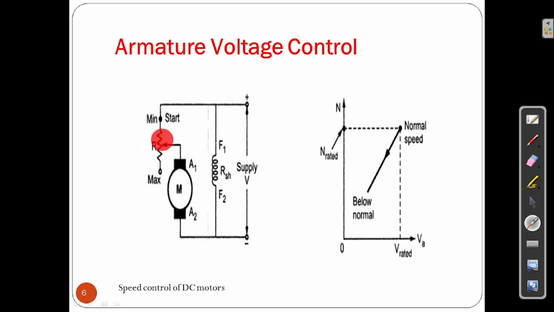With this adjustment of the input power supply, we control the speed through the armature voltage. In the graph of speed versus voltage, the speed goes from normal rated speed to below normal. So with the adjustment of the input power supply we control this motor. Since we control the armature voltage, it is called armature voltage control.